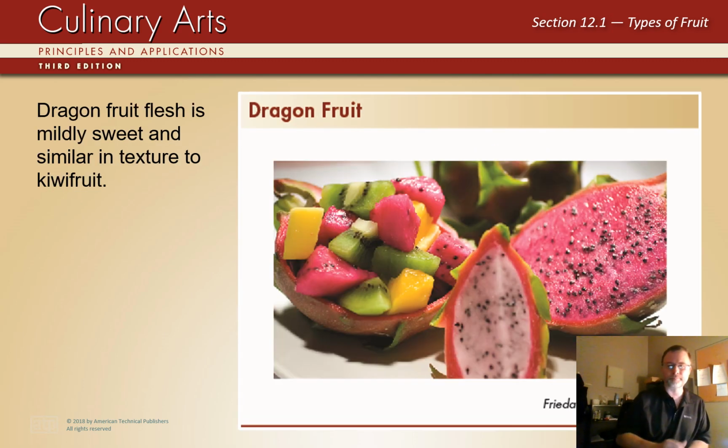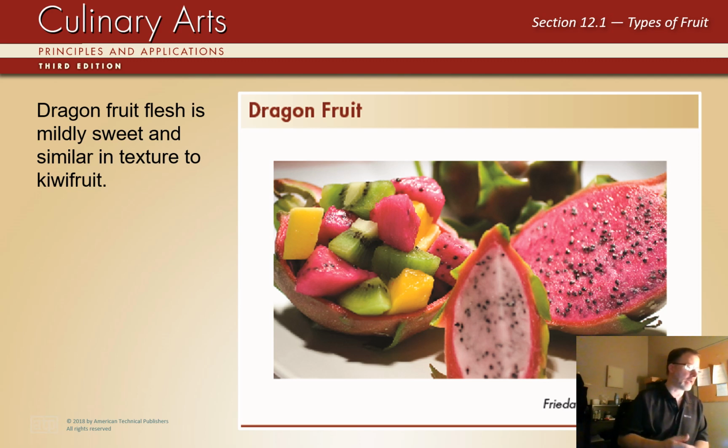I also have dragon fruit. Dragon fruit we can buy here in the United States, but it's often in Asian markets. And so we actually have to go to special Asian markets to find dragon fruit. It's an exotic fruit.